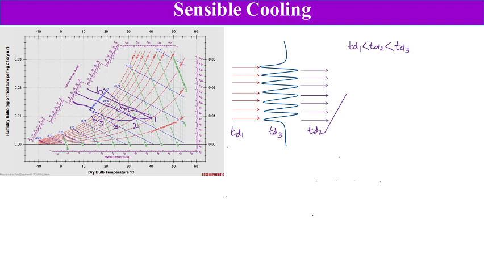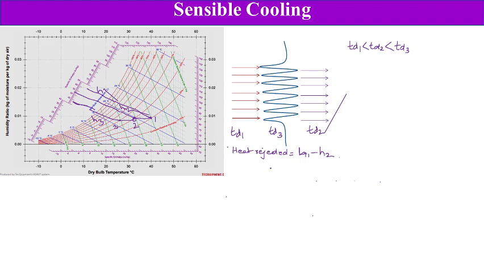So now for this also the heat rejected can be given as H1 minus H2. H1 minus H2 is nothing but heat rejected in this process, H1 to H2. Initially enthalpy is higher and enthalpy after cooling is low, therefore H1 minus H2 is the enthalpy or heat rejected.